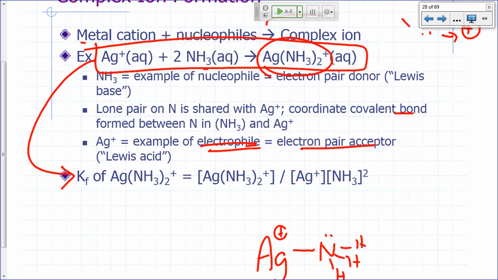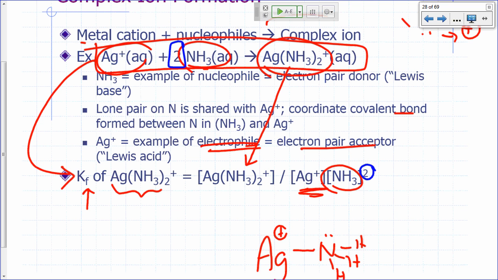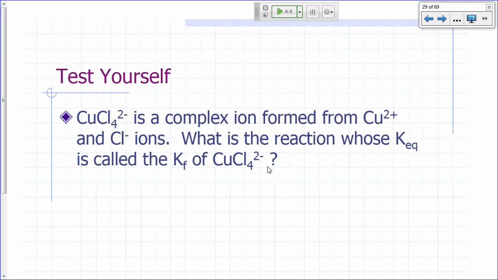KF, F for formation, so K sub F is the formation constant of this complex ion. It would just be the concentration of product divided by the concentration of silver times, in the denominator, the concentration of NH3, and this is squared because there's a coefficient of 2 right there. So that's your expression for the formation constant of a complex ion.